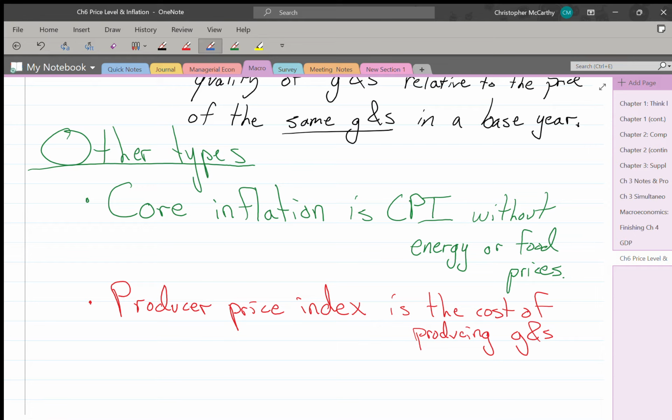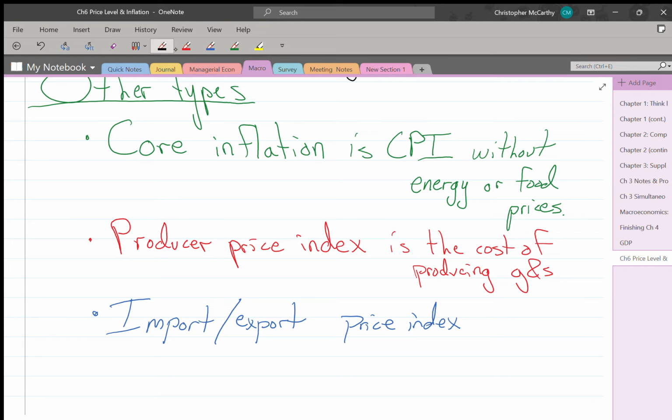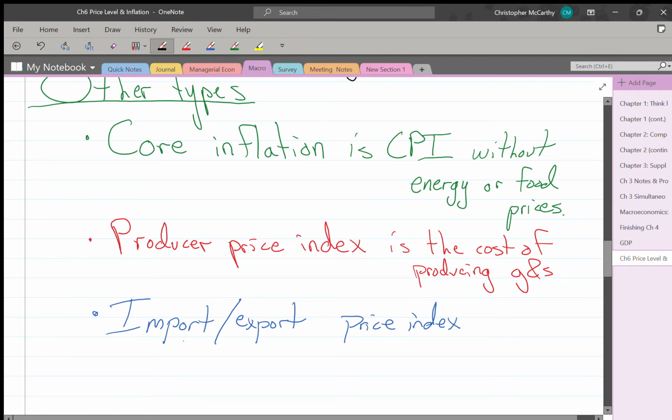And then lastly, the last one that we might hear about is the import-export price index. Imports are all of the things that we buy from abroad, goods and services purchased from abroad.